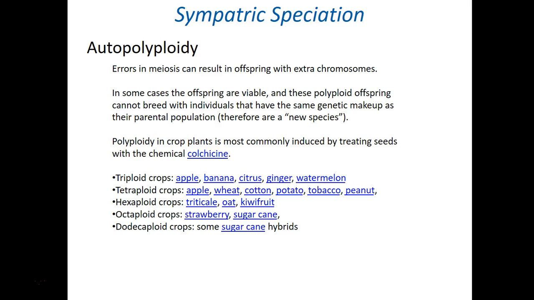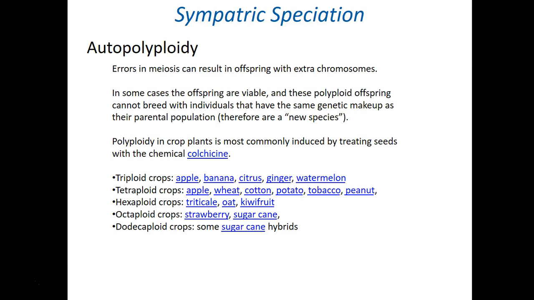You may then have fertilization of a diploid gamete, and that would create a polyploid offspring, so an offspring that's got many copies of the genome. And in some cases, those offspring are viable and can survive, but they cannot breed with individuals that have the same ploidy as their parents, so they would be considered a new species.